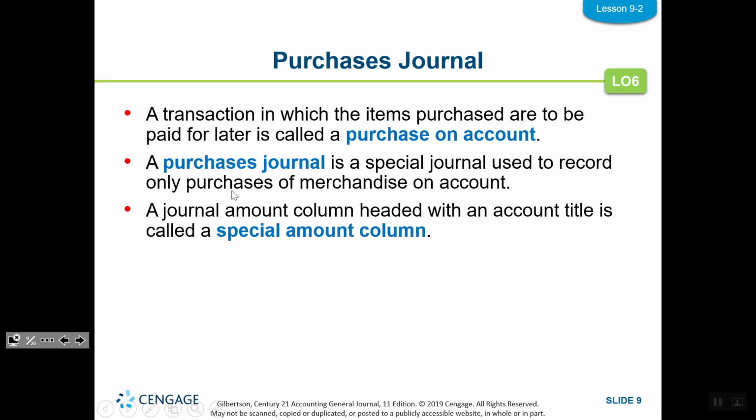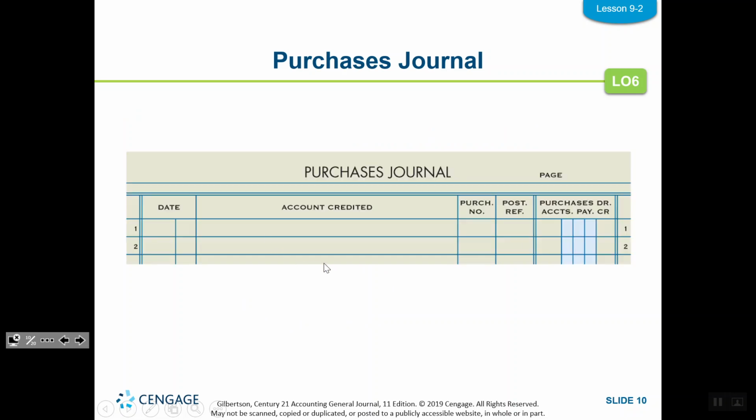Your purchases journal is for a transaction in which items purchased are to be paid for later. Remember, that's a purchase on account. Our purchases journal is a special journal used to record only purchases of merchandise on account. A journal amount column headed with an account title is a special amount column. Here's our purchases journal.